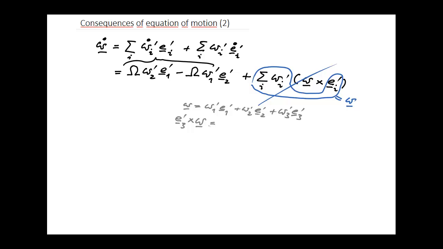This gives E2 prime. So we have an omega 1 prime E2 prime. Then next we will have a vector product of E3 prime with E2 prime. This gives minus E1 primed. Therefore we get minus omega 2 prime E1 primed. And finally we get the vector product of E3 prime with itself, but this vanishes.